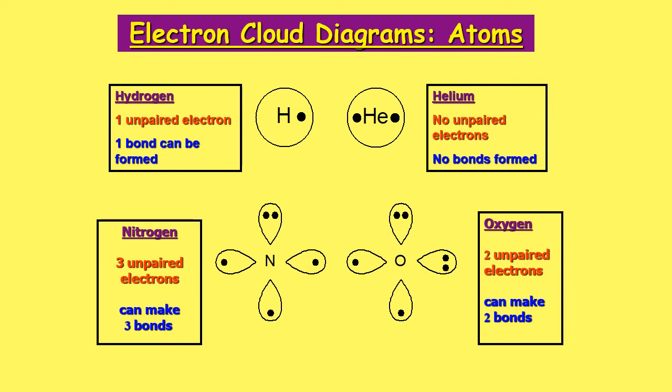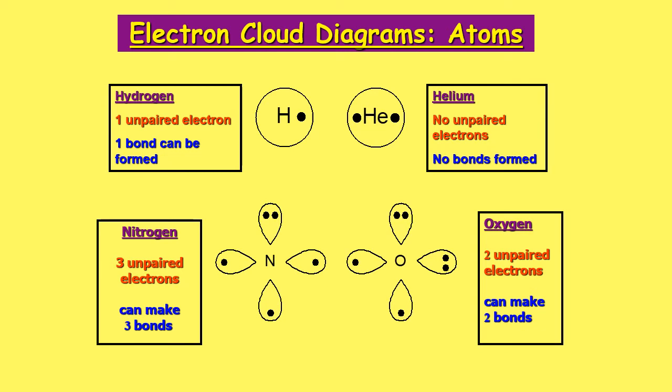Now we know that elements from the first row want to have 2 electrons in their outer shell. So hydrogen only has 1, and there is space for another electron, which means 1 bond can form. Helium, on the other side, has no unpaired electrons. It has 2 electrons, it needs 2 electrons, so no bonds can form.